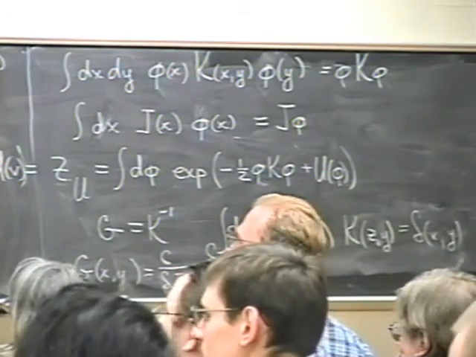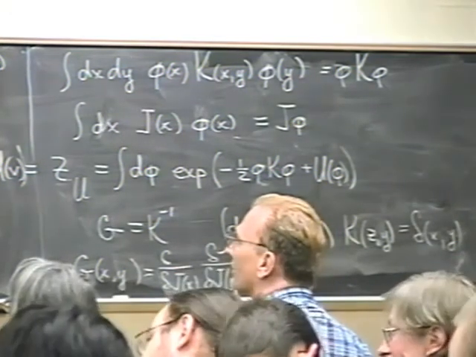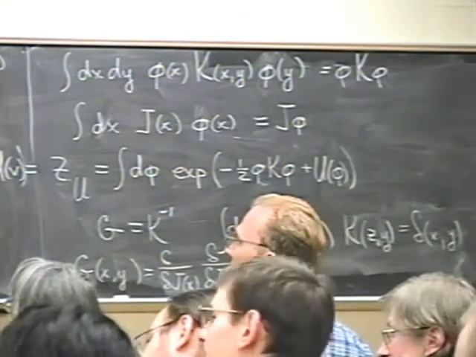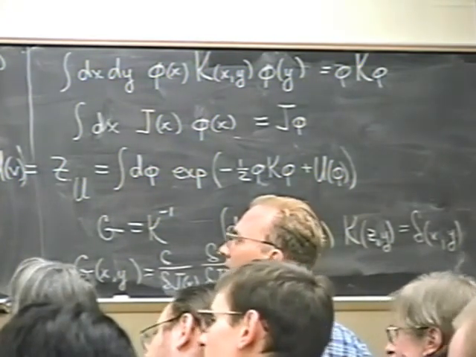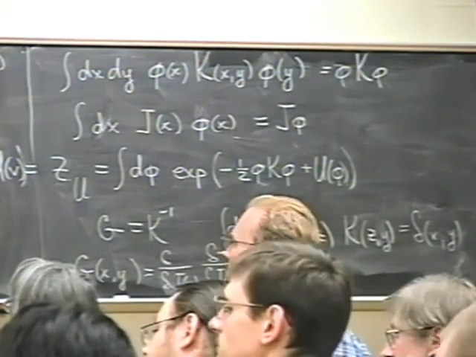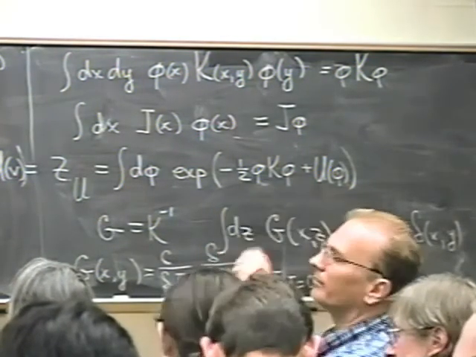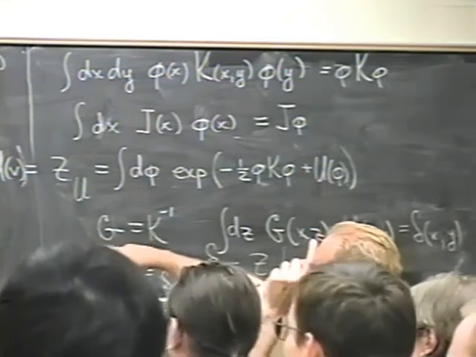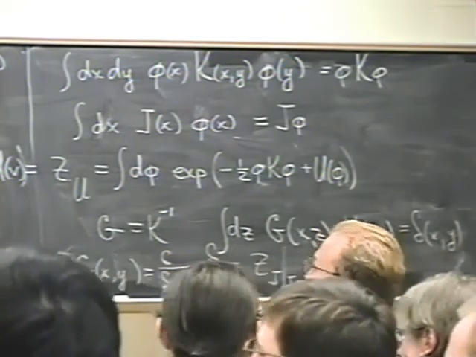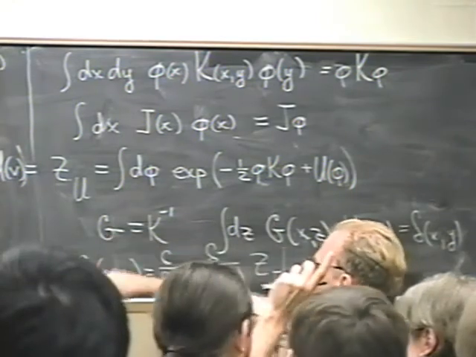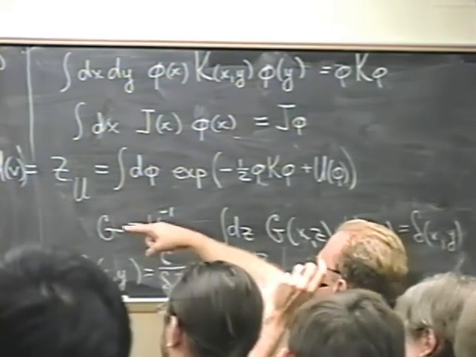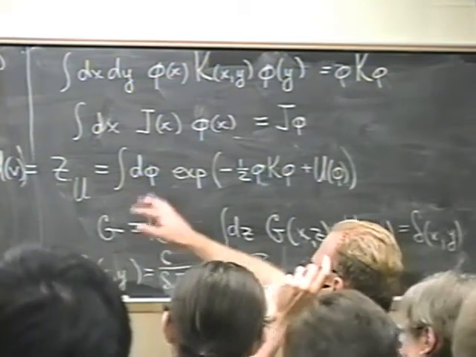You take f of phi plus epsilon times the test function p of x, minus f of phi, upon epsilon. So that's the unit distribution, which you call delta over delta j of x. So that's sort of the formal integral kernel of the differential, in the ordinary sense.